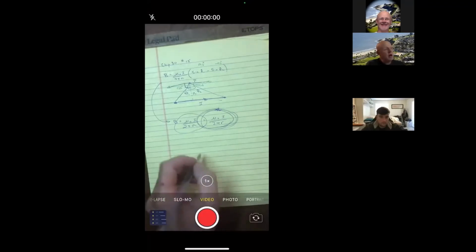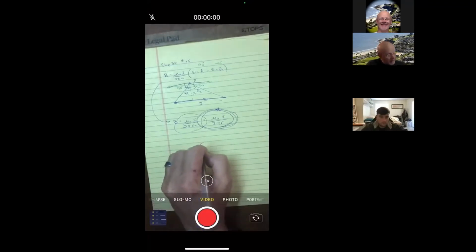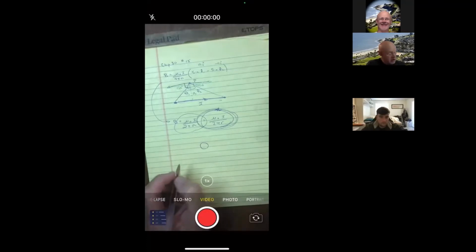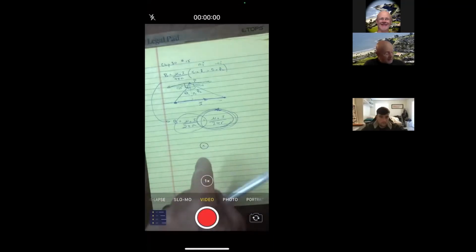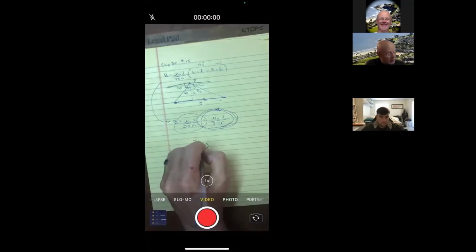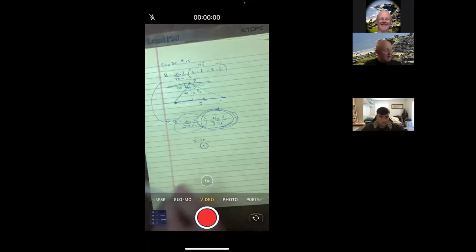So if I kind of draw what they have here, and part of this challenge might be more visualizing this in 3 dimensions, but the current would be going into the paper. And so we have this current of 3 amps, but it's going into the paper.